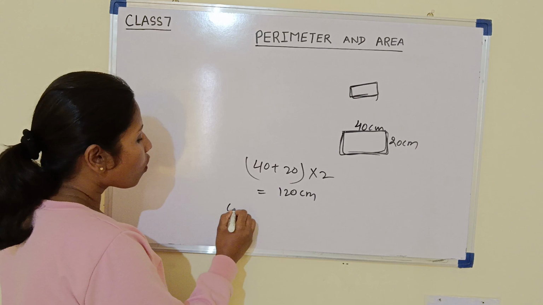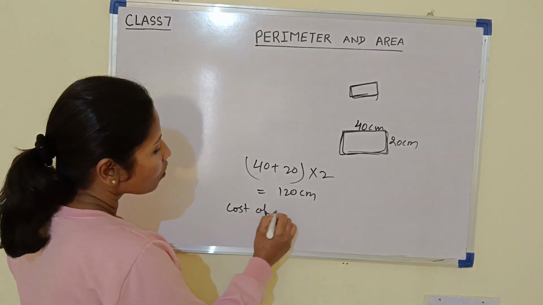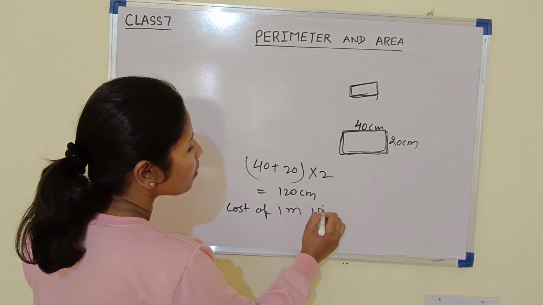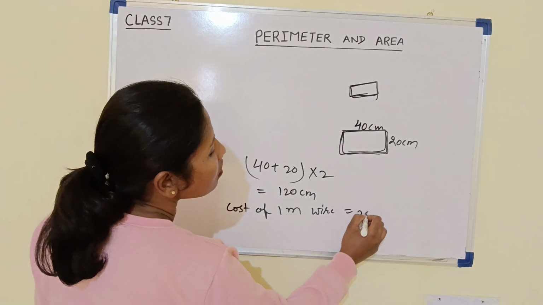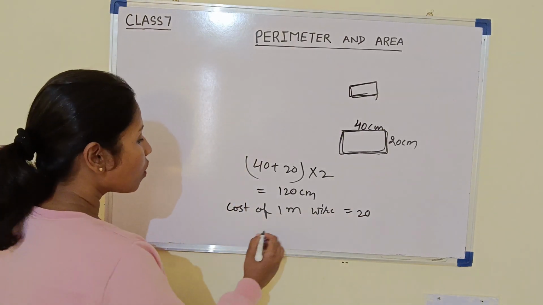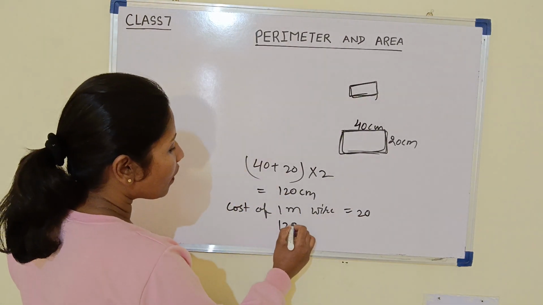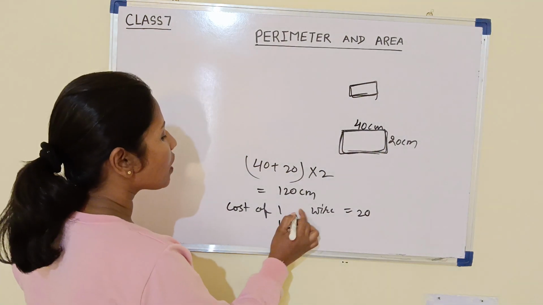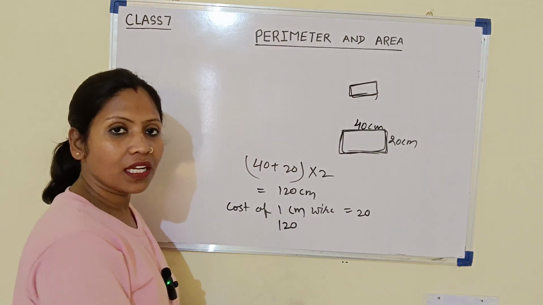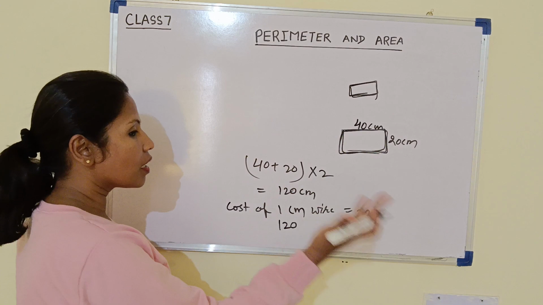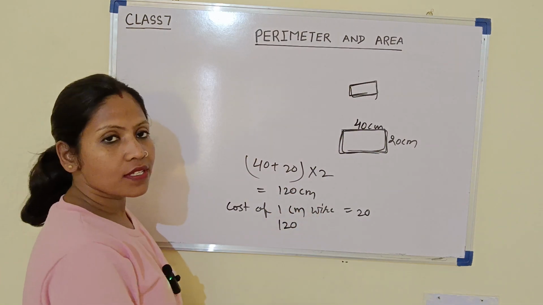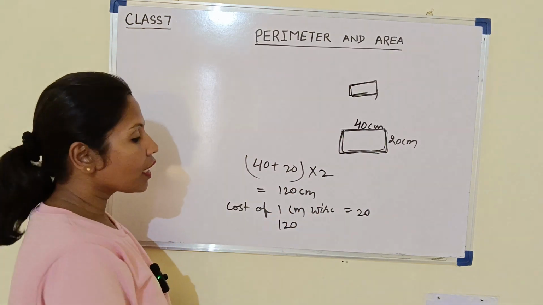And suppose the cost of 1 meter wire is 20 rupees. Let's take 1 centimeter; if it's a meter, then you can convert this centimeter into meter. So suppose 1 centimeter wire is 20 rupees.